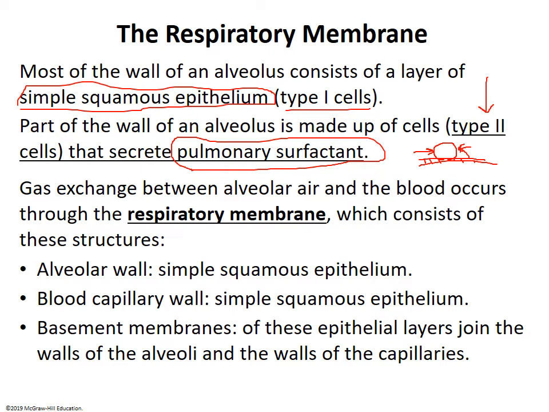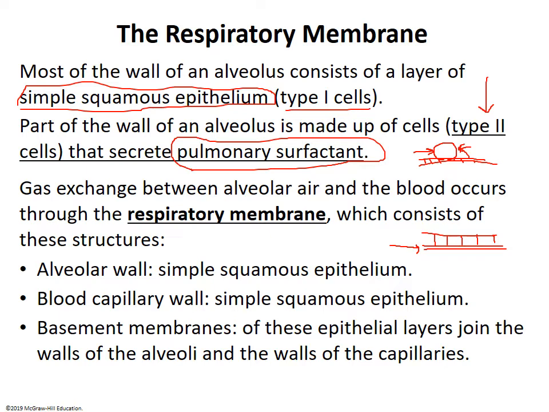So gas exchange happens between the alveolar air and the blood, and occurs through what's called the respiratory membrane, and there are 4 layers to it. I'm going to have a layer of cells that are simple squamous cells of the alveoli. And then I'm going to have a basement membrane that is down here. All right? Now I can use other pins, and I'll use blue.